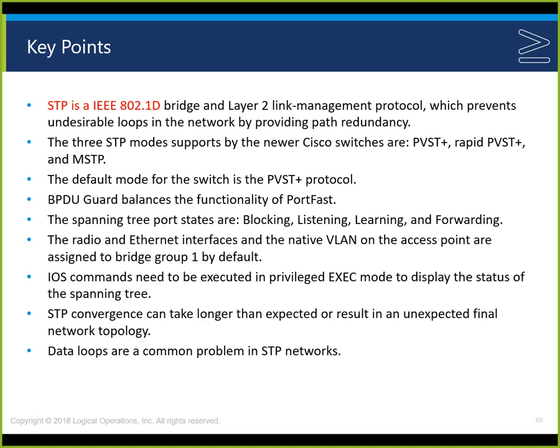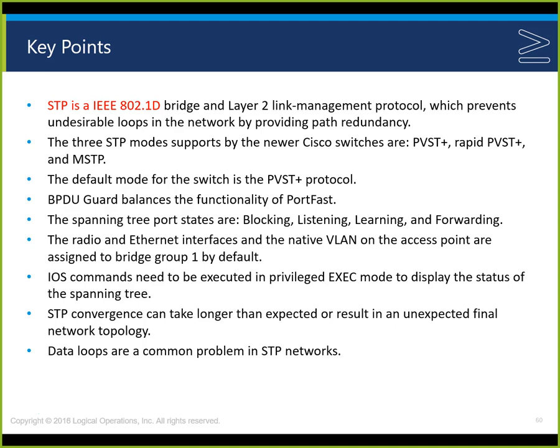BPDU guard balances the functionality of PortFast. PortFast disables spanning tree and allows the ports to come up immediately. BPDU guard configures the port such that if it gets a BPDU, it will immediately put the port into err-disable mode, shut it down basically.